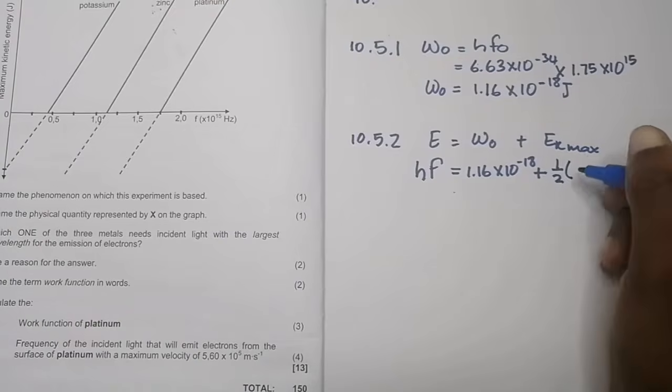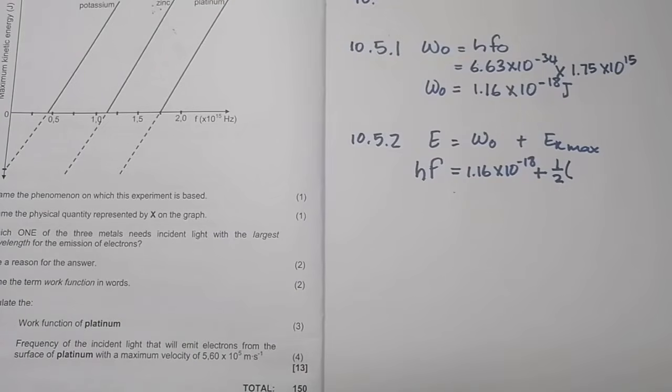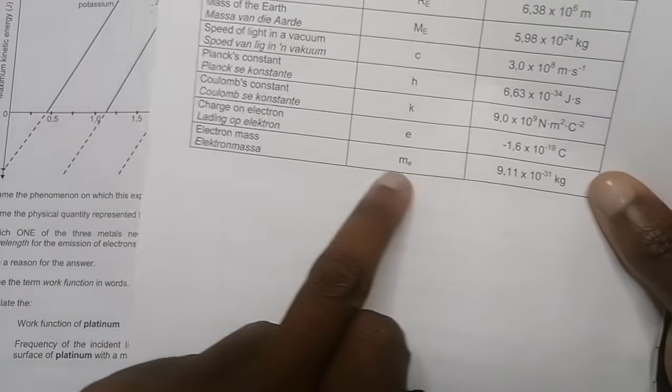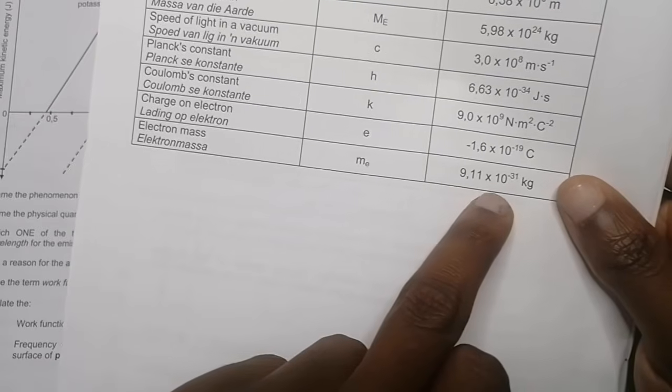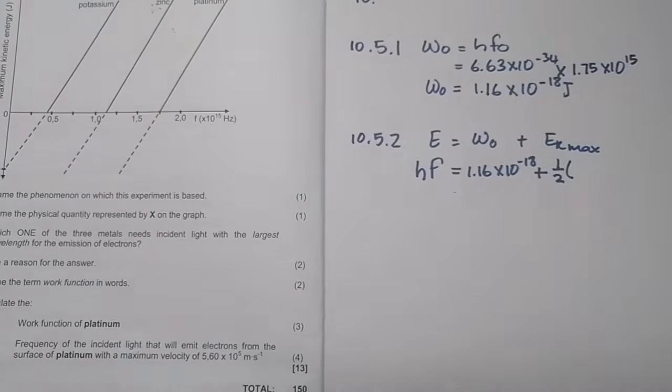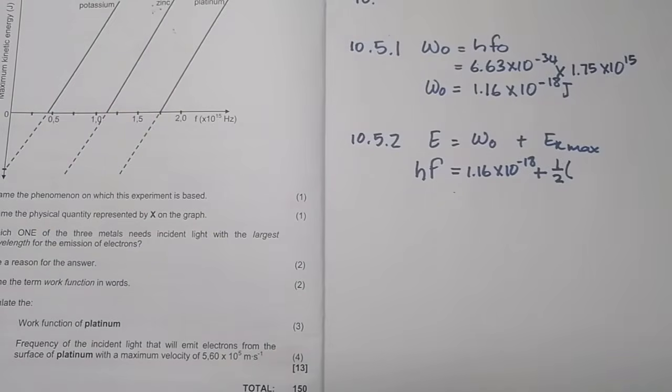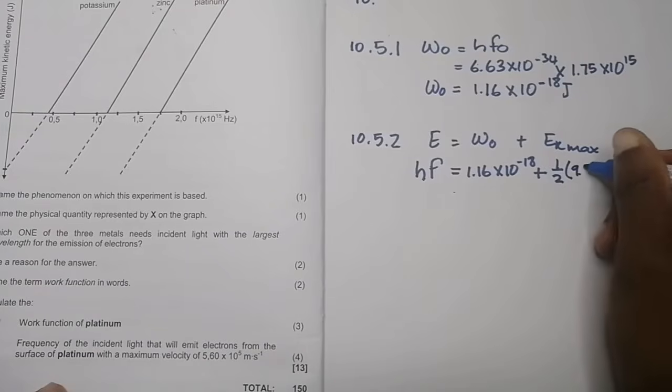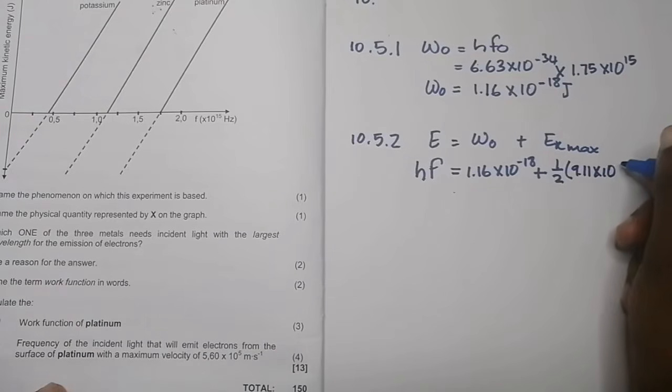And what is the mass of an electron? In your table of constants, they always give you the mass of an electron, the me value. That's 9.11 times 10 to the power minus 31.